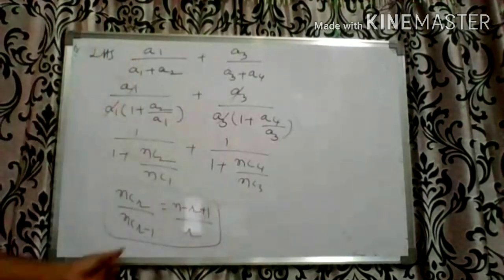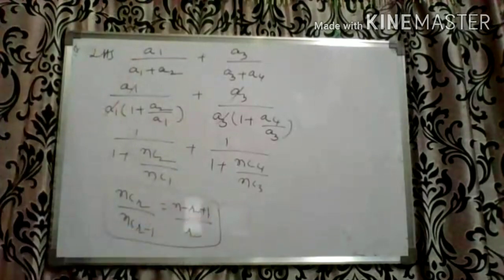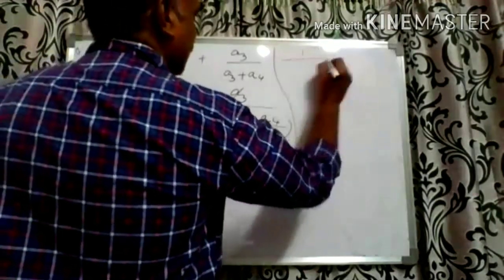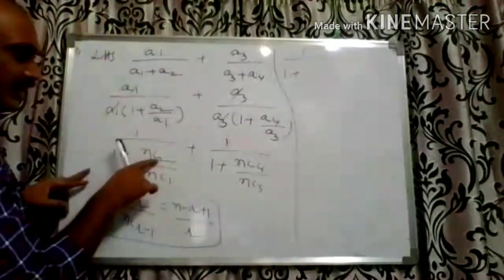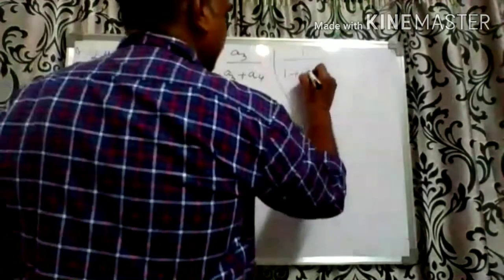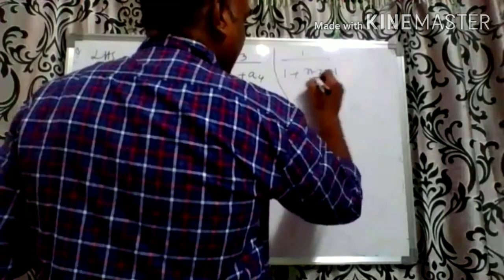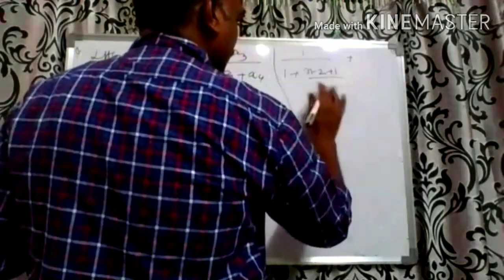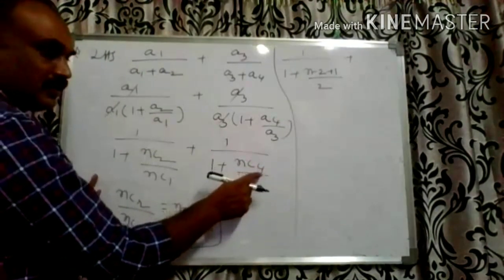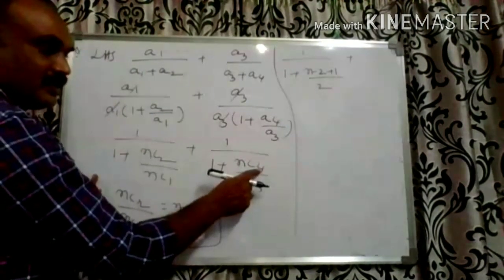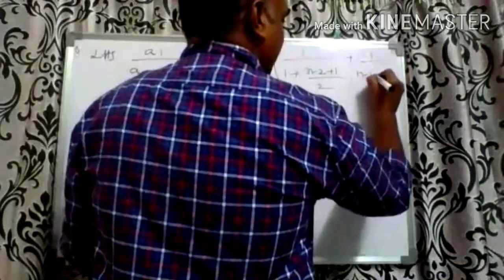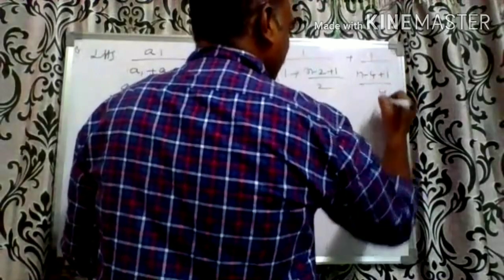NCR by NCR minus 1 is equal to (N minus R plus 1) by R. That is equal to 1 by 1 plus, here R is equal to 2, (N minus 2 plus 1) by 2, plus, here R is equal to 4, NCR by NCR minus 1, (N minus 4 plus 1) by 4.